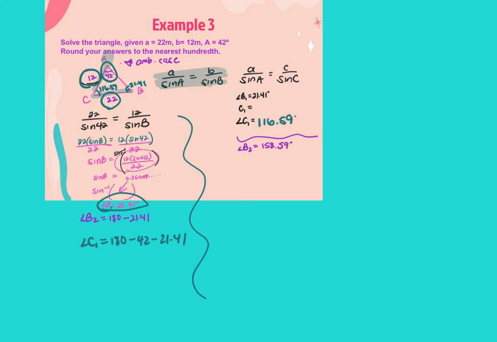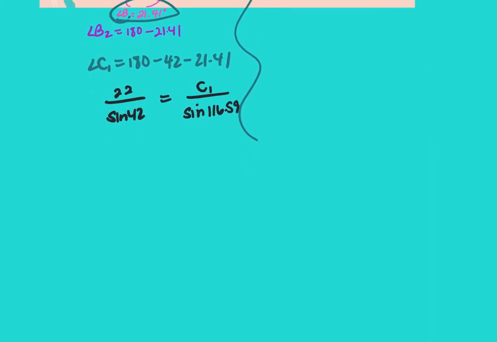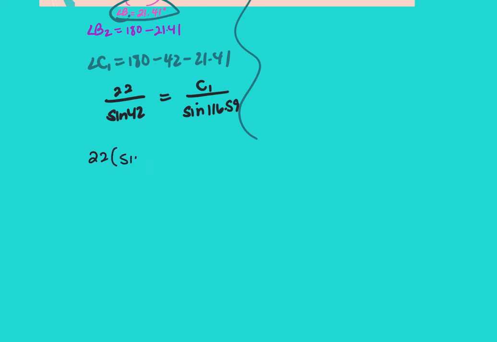I still want to use the information I was given originally, which is the A's. So I want to use 22 over the sine of A: 22 over the sine of 42 equals side C1 over the sine of angle C1, which we just found to be 116.59. And then we cross multiply, and then we divide.